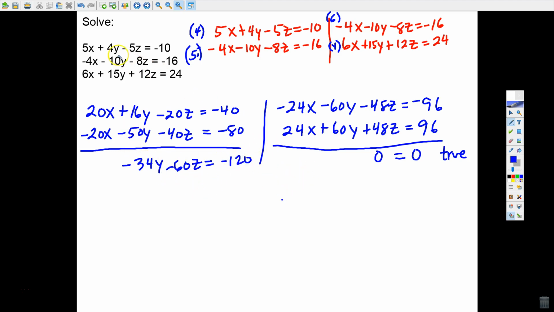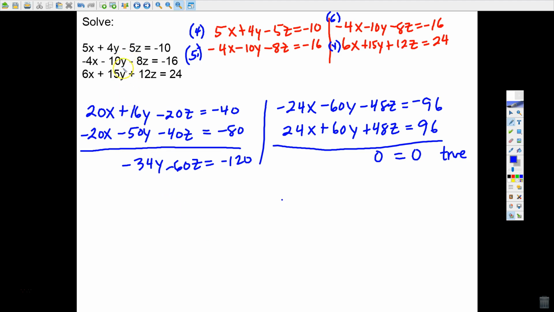Okay, so I wanted to give you a heads up about this particular situation where one of your pairs will yield a true statement like this, and the other pair just represents the equation of a line. And so this represents the fact that all three of these would converge at the same line.